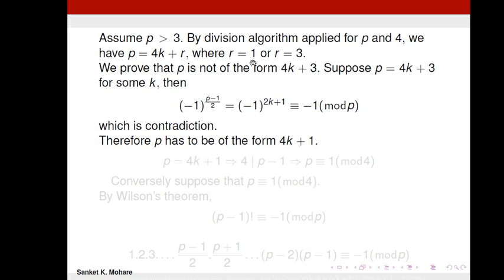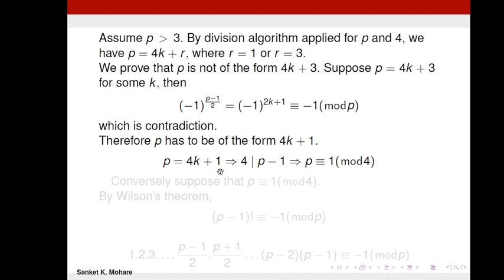So what we proved here: we applied the division algorithm for p and 4, so p is chosen as 4k plus r, and r is not equal to 3. This we have proven, so r must be 1. Therefore p has to be of the form 4k plus 1.